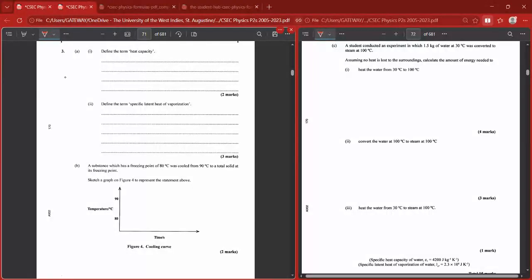So we have question 3, part A1: define the term heat capacity. So what I have for this one is, heat capacity is defined as the amount of heat energy required to change a substance or body by a temperature of 1 Kelvin.